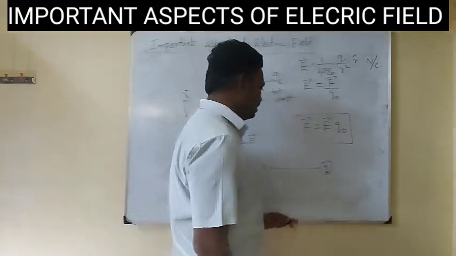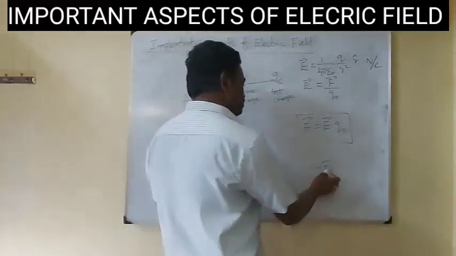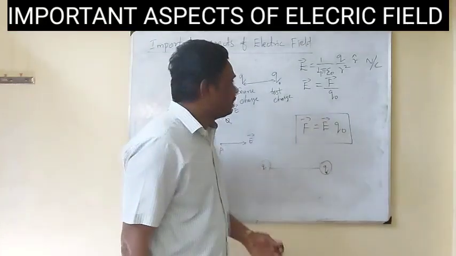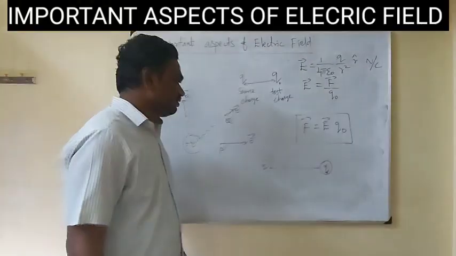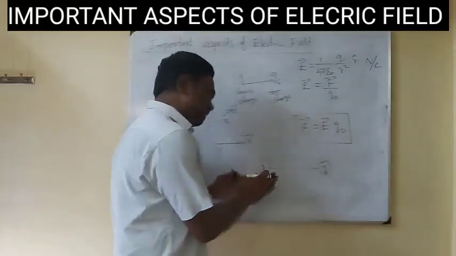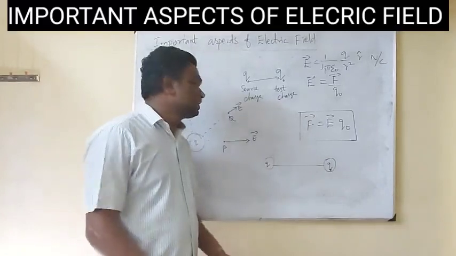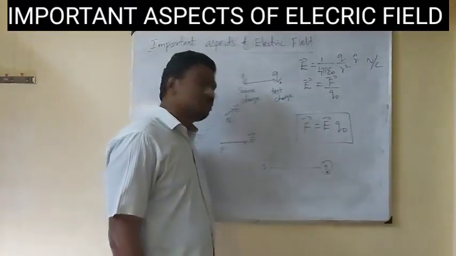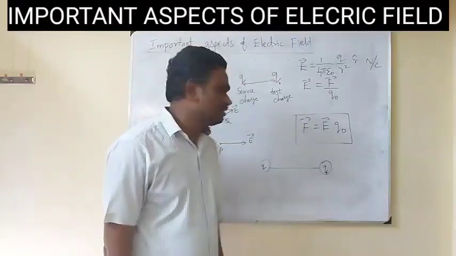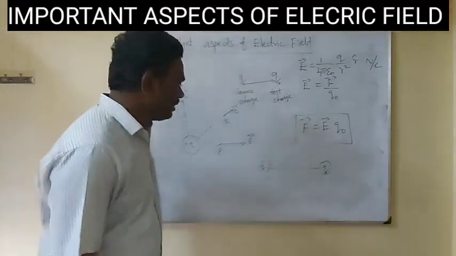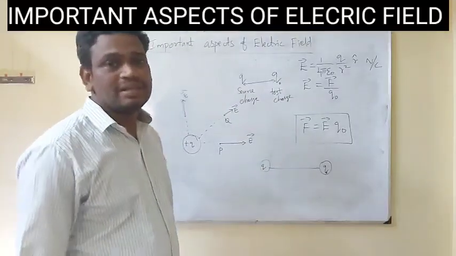We can get an approximate value of electric field by considering these two objects as point charges. Because we use the same phenomenon in gravitation: similarly we treat the earth as a point mass while calculating the gravitational field of the sun on earth, because the distance between the sun and earth is very large compared to their size.